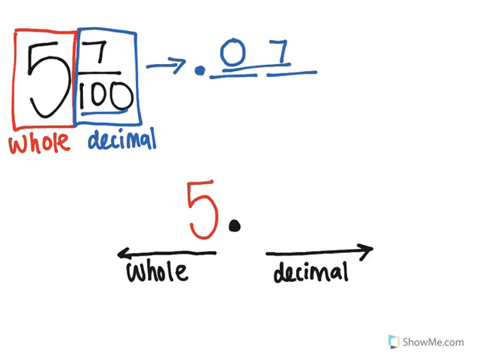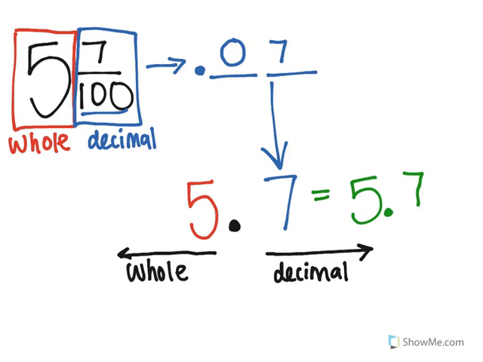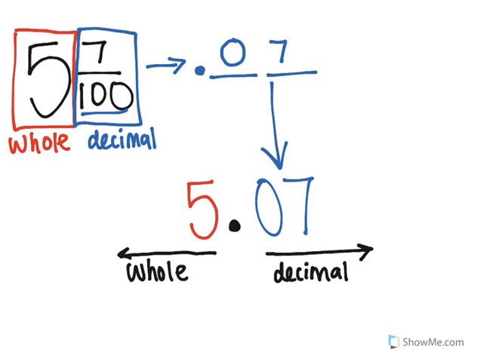Does that number look like 7 now? Yes, it does. So I bring it down and put it on the right side. So my decimal becomes 5 and 7/100, just like that.